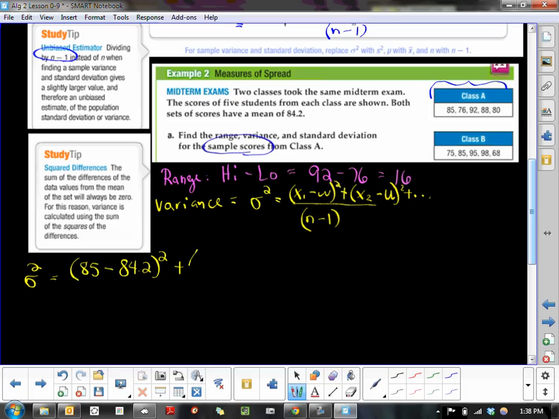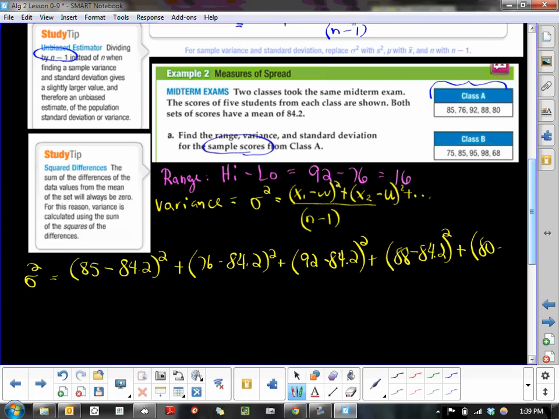We want to add it to the second data value, which is 76 minus, we want to see how far it deviates from average, squared, plus the third one, 92 minus our average, or central tendency, plus 88 minus our average, 84.2 squared, and plus our final score, 80 minus 84.2, squared. It's all divided by, and because it's a sample, it's going to be n, there are 5 data scores, minus 1. So really that's going to be a 4 for us.